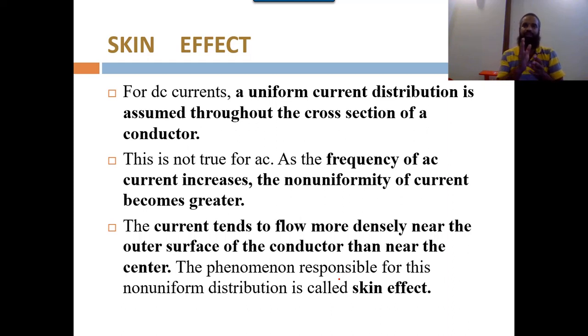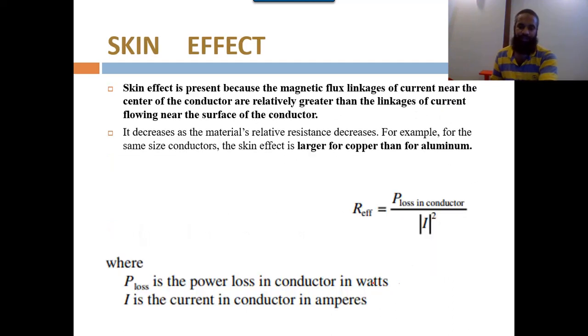But when AC current passes through the conductor, due to the magnetic flux intensity, the current in the center becomes zero, and the current tends to flow at the boundary of the conductor. So the current tends to flow more densely near the outer surface of the conductor than near the center. This phenomenon is called the skin effect.